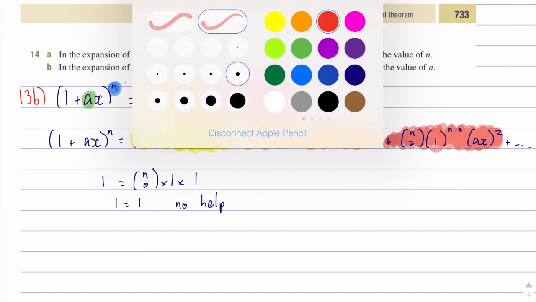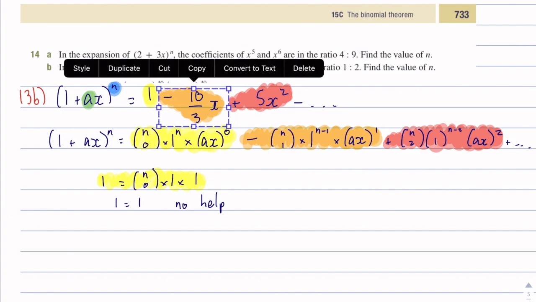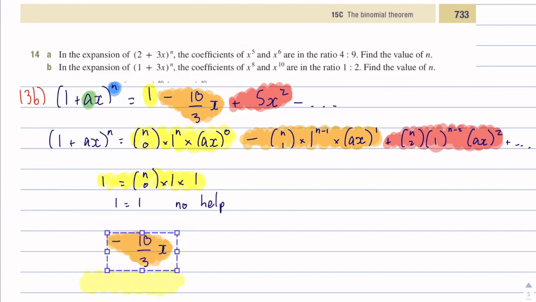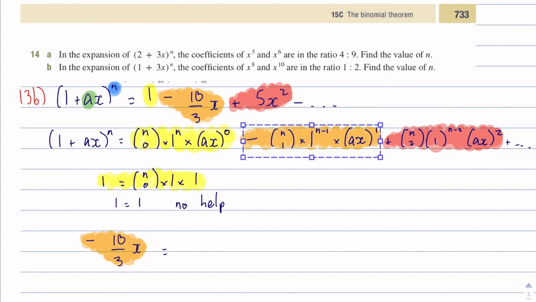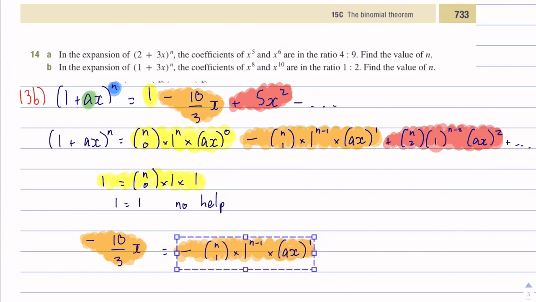So these were the yellow ones. Let's now have a look at our orange ones. We've got -10/3 x equals this.